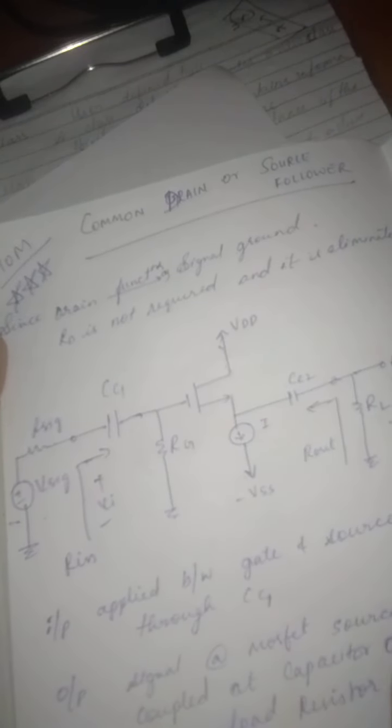When we are writing a T equivalent model or exact model, we don't include capacitors. So this part we are writing over here. Next, what about the output part? The load resistor RL is there. Here there is no RD. Why? Because the drain is grounded. So RL is included at the source.